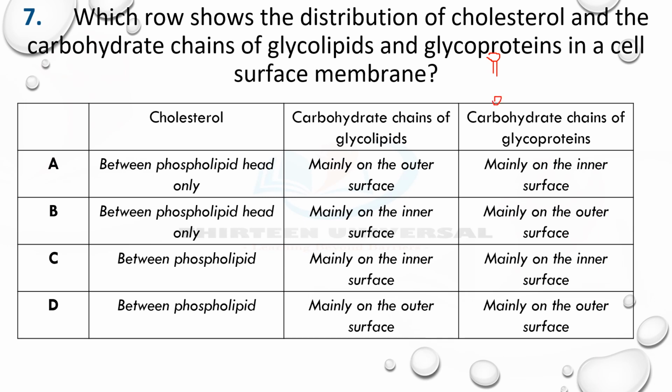It has a hydrophilic head and a hydrophobic tail. Yeah, that's the bilayer. So let's assume I want to put another one here just to paint the picture for you.